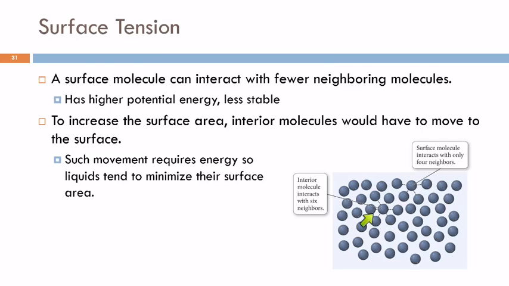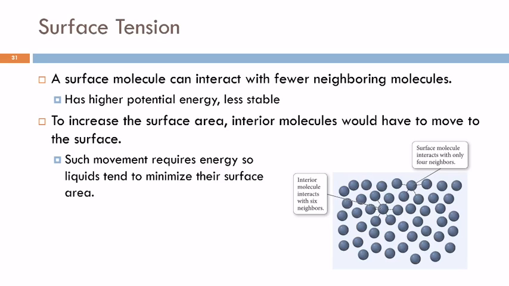An interior molecule, though, can interact with molecules on all sides. So in this cross-section, we see the surface molecule interacting with 4 neighbors, the interior molecule interacting with 6 neighbors. So the interior molecule has a lower potential energy. It is more stable than the surface molecule.